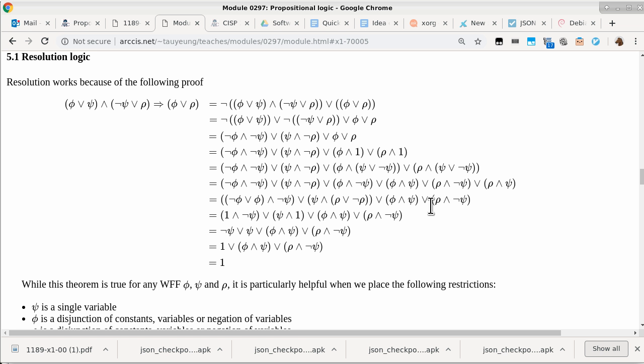If these two are true, the conjunction implies phi or rho. How many symbols are involved in this entire discussion? We have phi, psi, and rho. There are only 3 independent variables. Each one is Boolean.